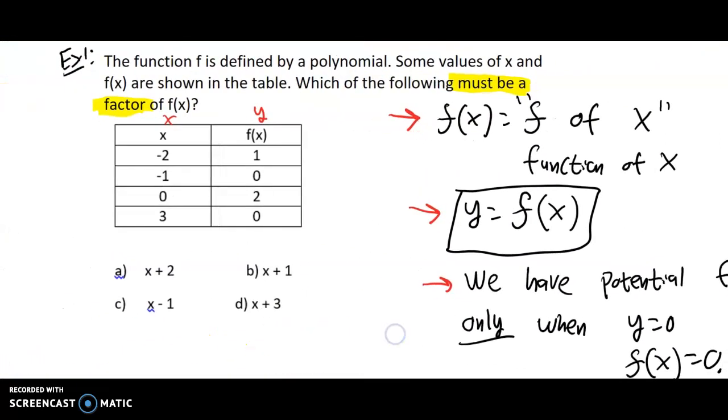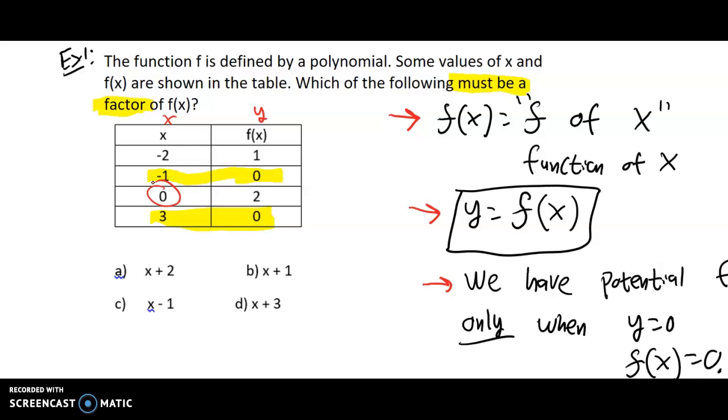Great. So we know that we're looking for factors, and we know that y needs to be 0 when we have a factor. So our two potentials are this one and this one. Be careful. They try to trick you and put a 0 for x. When x is 0, that does not mean anything special.